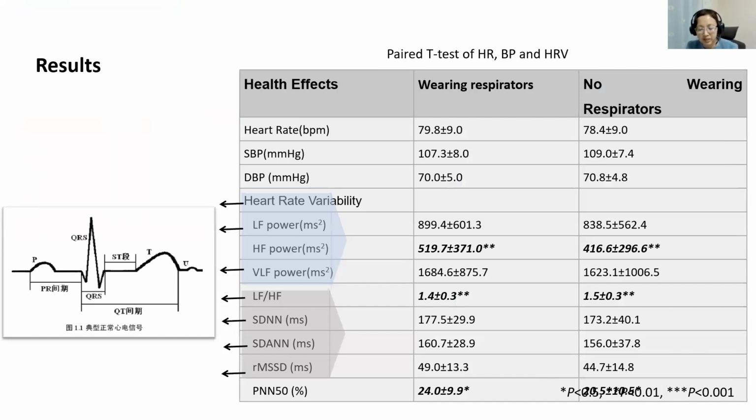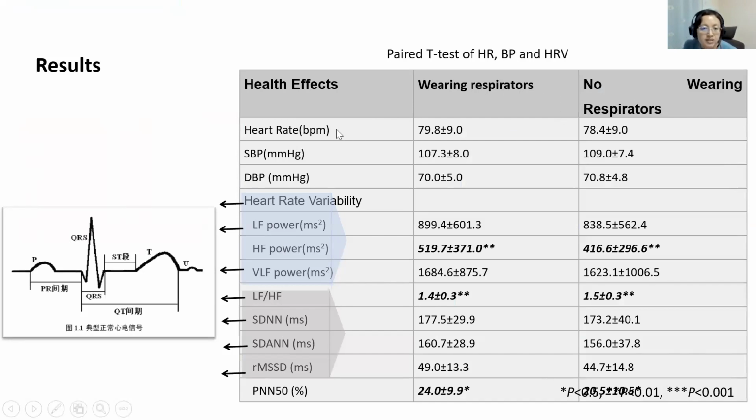That means every volunteer is going to be with or without respirators. Then we compare and calculate the differences of these indicators between the groups with and without wearing respirators.